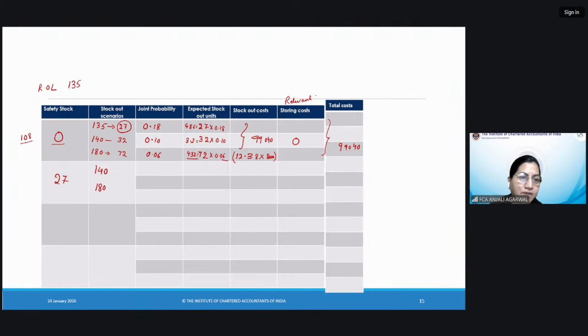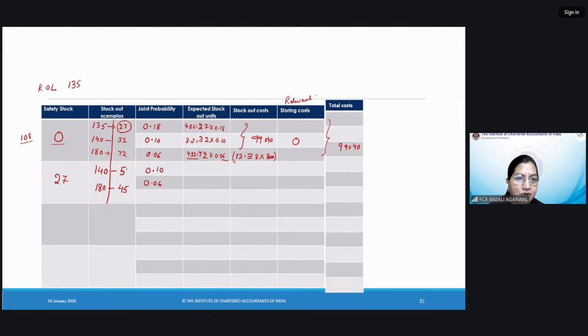If the demand goes to 140, that means you will be stock out by 5 units, or the demand goes to 180, that means you will be stock out by 45 units. Stock out scenarios and stock out units. Now, what is the probability of this happening? 0.10. What is the probability of this happening? 0.06.